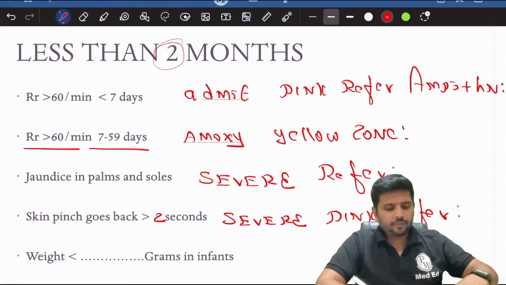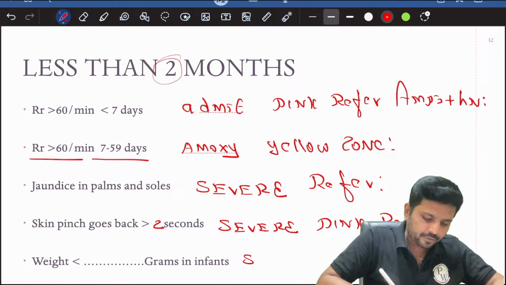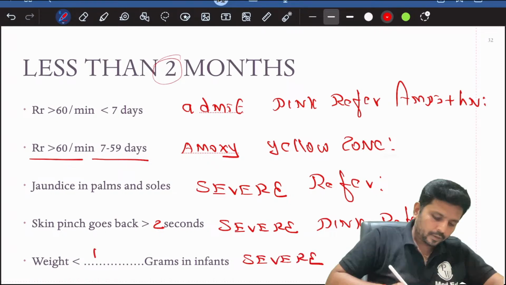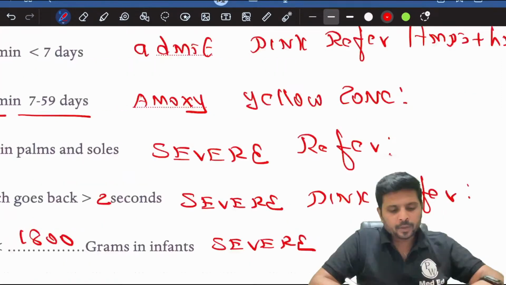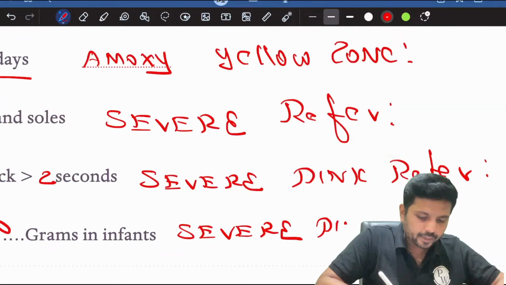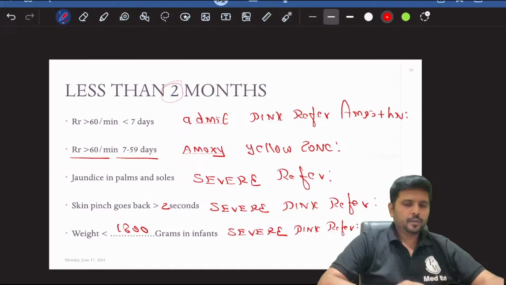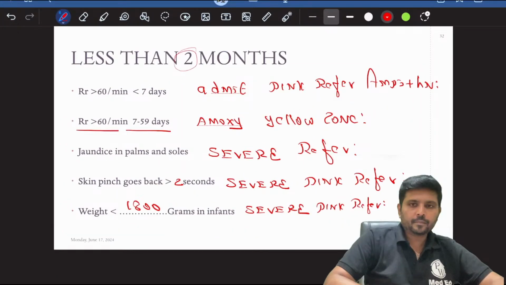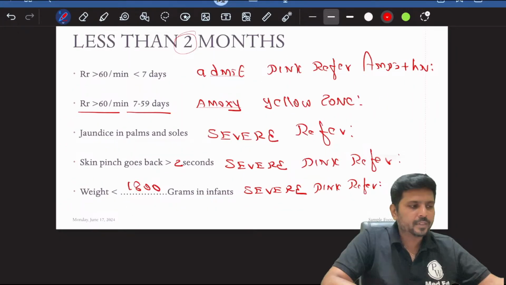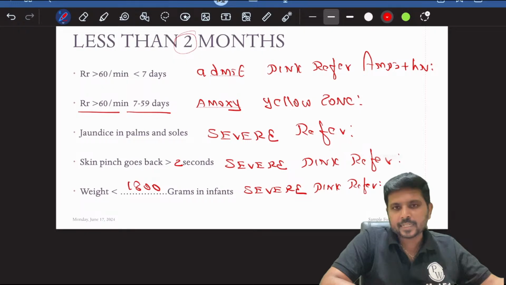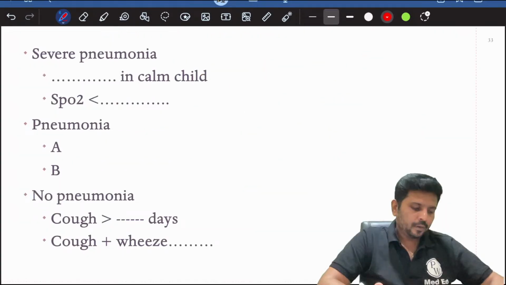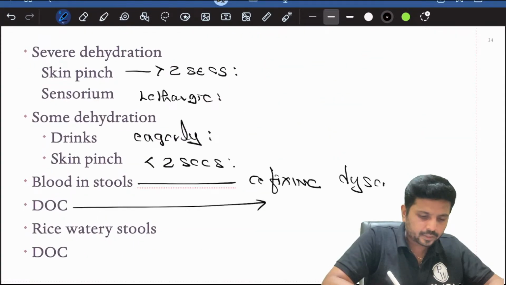Weight of less than 1800 grams means severe malnutrition. Pink category, you need to refer. So these are all the tidbits that were asked previously in INI-CET and NEET exams. Severe pneumonia, what are called as dysentery.